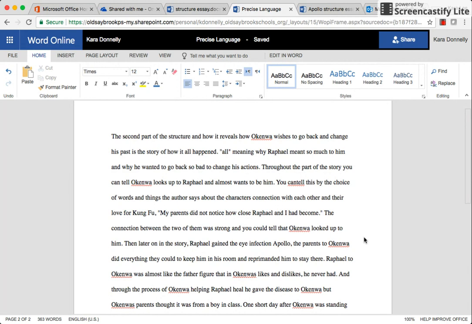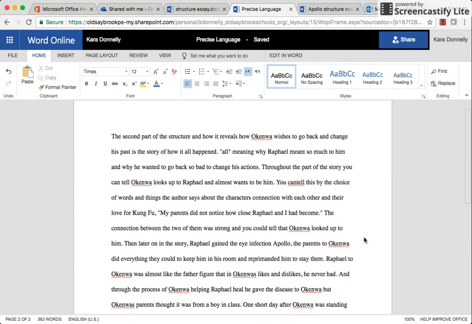I'm going to go through and show you some of the places where I would make a revision in order to make the language more precise. So I've got two different paragraphs here. I'm just going to spend about 2 or 3 minutes on each paragraph, explain to you my thinking, and hopefully that'll get you started in revising for precise sentences.